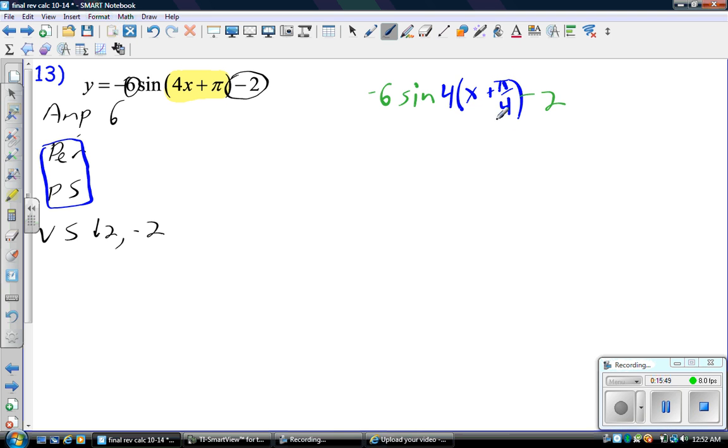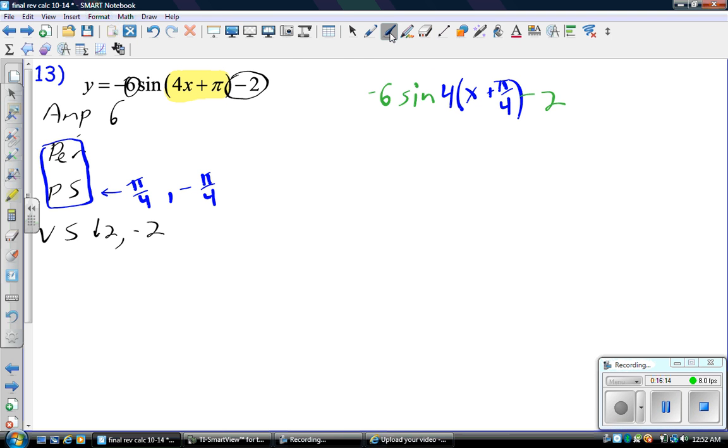Now you can extract the phase shift real easy. Phase shift is just a horizontal movement. Plus pi over 4 means actually we are moving to the left pi over 4. Remember, plus inside the parentheses actually means go the opposite way. And remember, this is not the period.